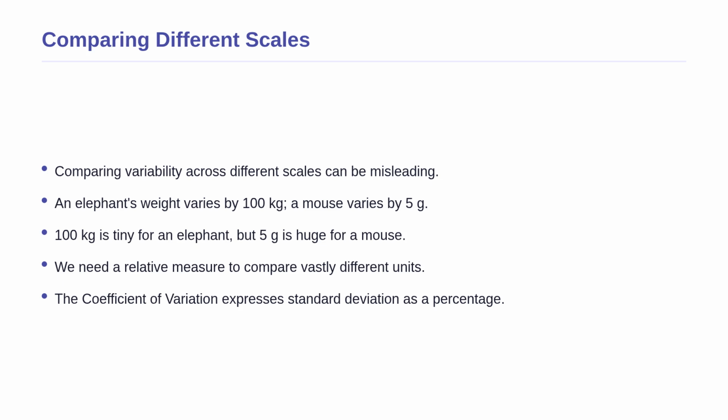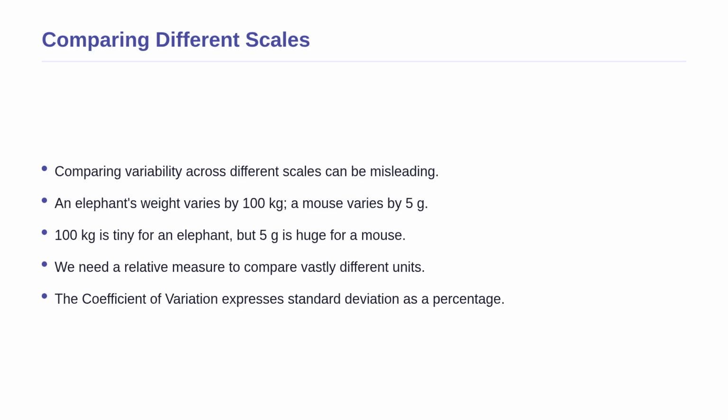If you just look at the standard deviation, the elephant's variability looks massively larger. But 100 kilograms is a tiny fraction of an elephant's total weight, whereas 5 grams is a huge percentage of a mouse's weight. To fairly compare datasets with vastly different scales or units, we need a relative measure. This is exactly what the coefficient of variation does.